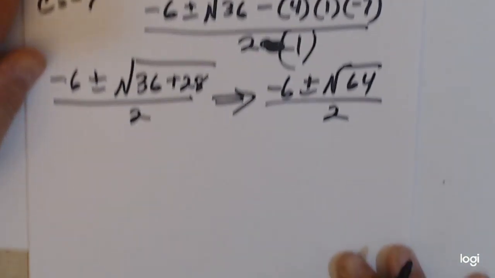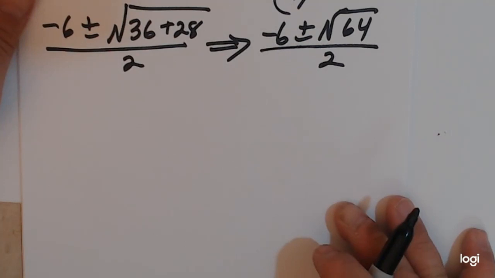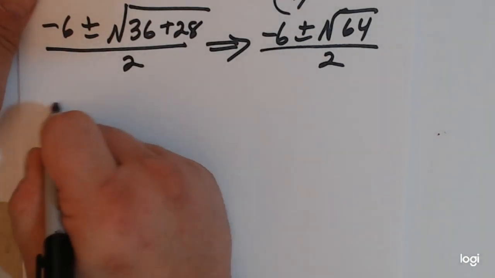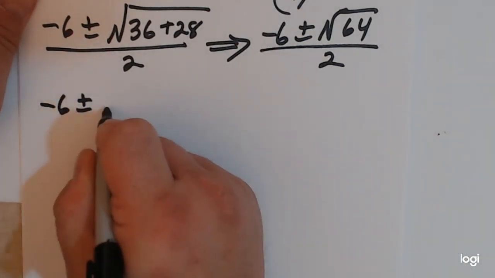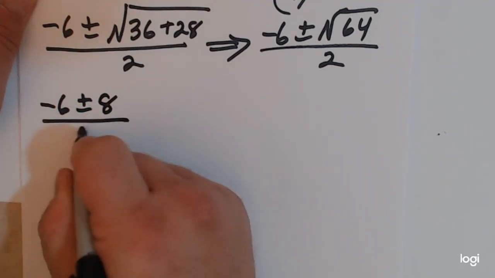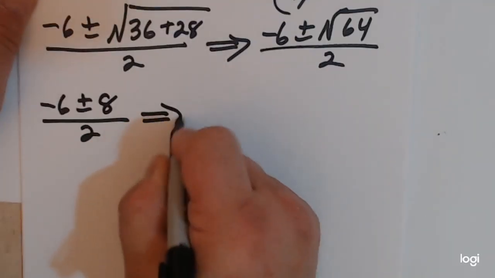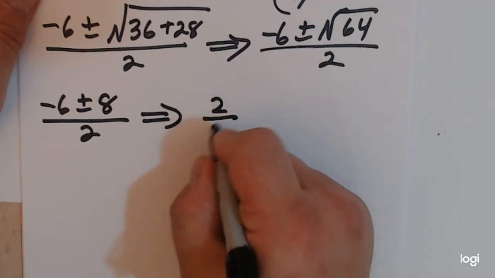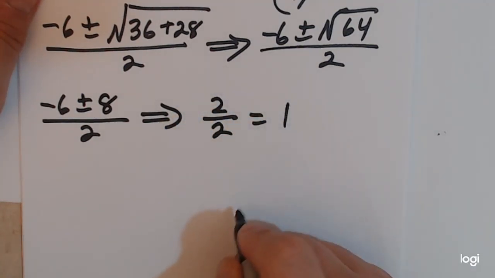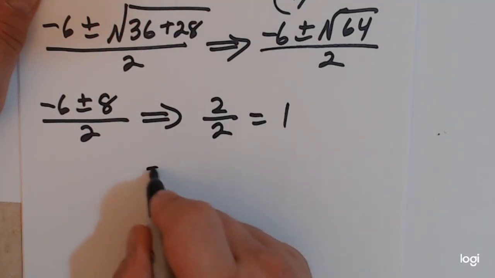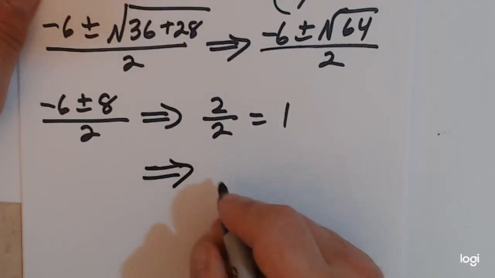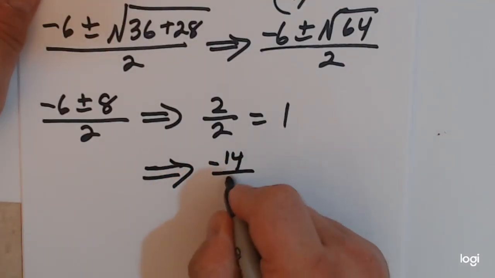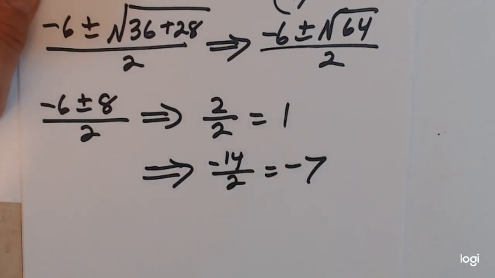So we've got negative 6 plus or minus 8 all over 2. So we've got negative 6 plus 8 is 2 over 2, which is 1. And negative 6 minus 8 is negative 14 over 2, which is negative 7.